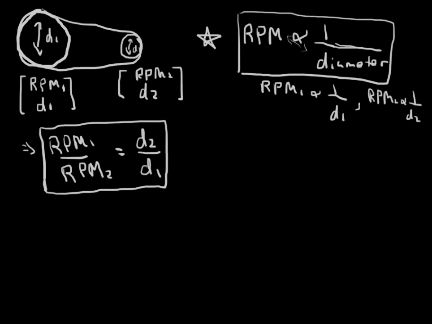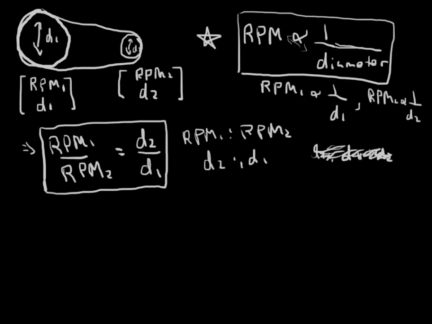This is kind of stepping into the boundary of ratios. Whereas RPM 1, RPM 2, D2 to D1, this time they're inversely proportional. So D2 goes first, instead of writing D1 to D2 and then finding their equivalents.